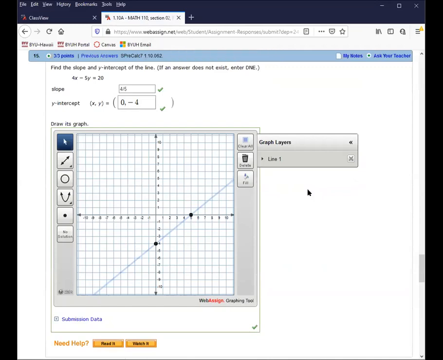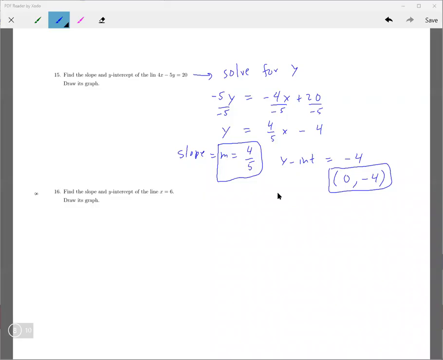Okay, any questions about that? Okay, let's come back over here. Number 6, find the slope and y-intercept of the line x = 6.